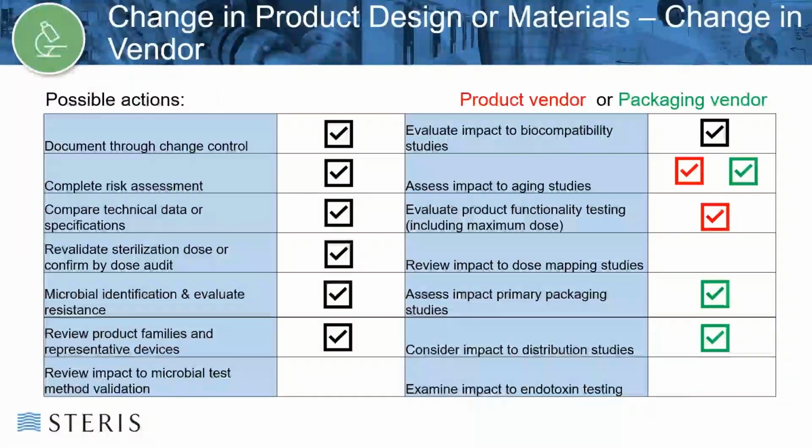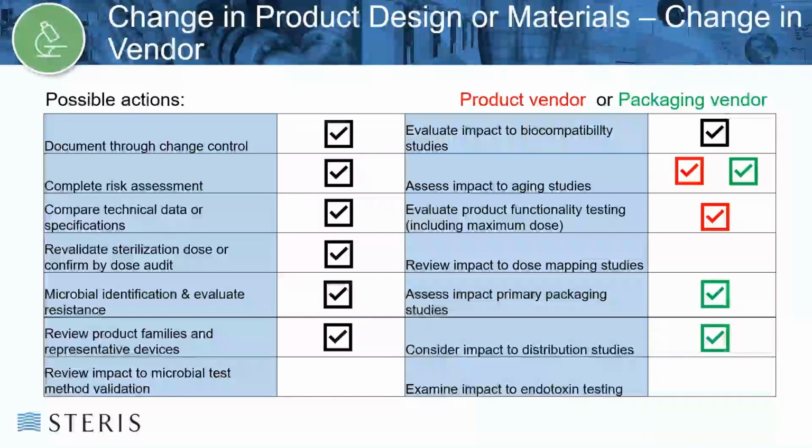Additionally, risk assessments can be useful for assessing the risk of the change, including the review of material technical specification documents, completion of bioburden testing for vendor change comparison, performing microbial identification on the bioburden plates to understand organisms present, revalidating the sterilization dose if deemed applicable, or performing dose audits, including bioburden testing and a dose verification study for a test for sterility.